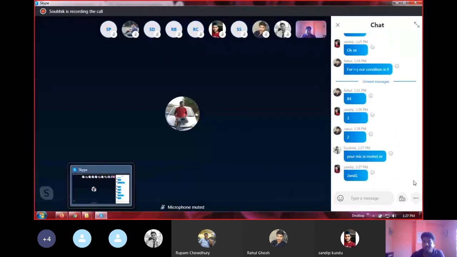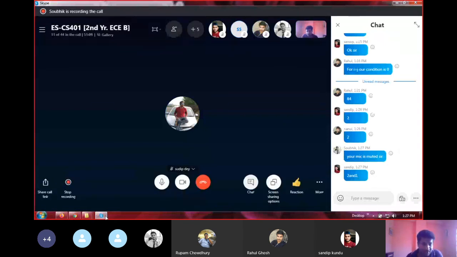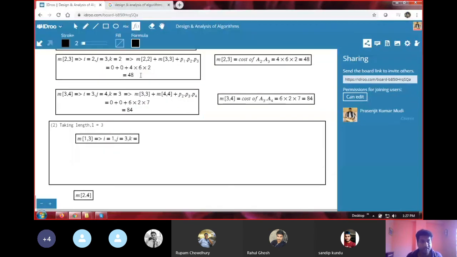So please tell me what are the possible values for K? 2 and 1, right? That is correct. So Sandeep got the answer that K will be equal to 1 and 2. Both are possible values. So for both these values, K equal to 1 and K equal to 2, we have to compute the value of M13. Okay, that means here we are getting two possible values for M13. Okay, so let's take that.